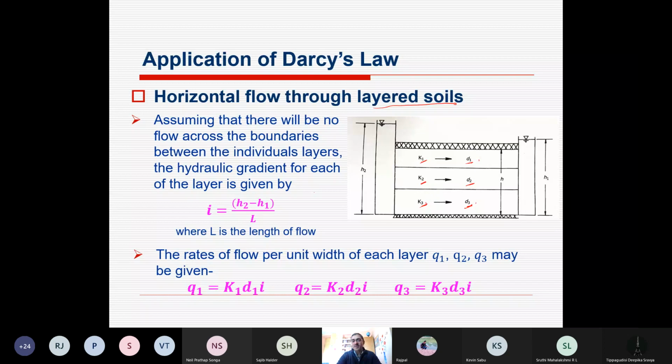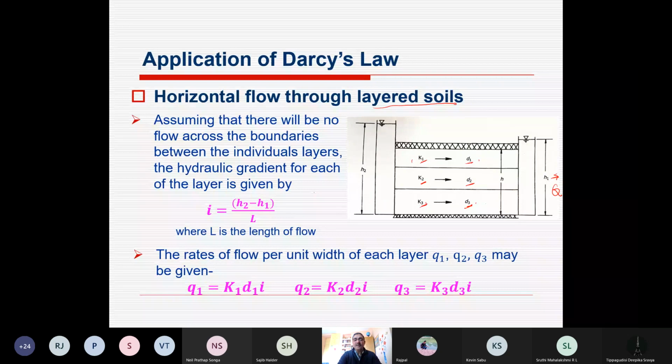So how do we find the combined characteristics of these layered soils in terms of equivalent hydraulic conductivity, rather than taking K1, K2, K3? Our target is to find the discharge in the lateral condition.